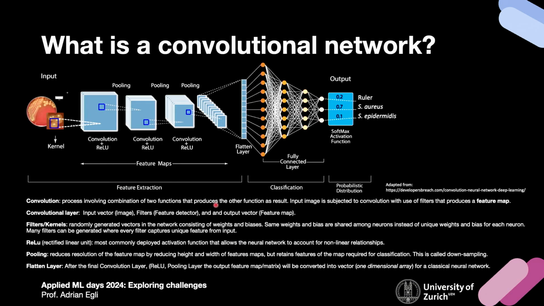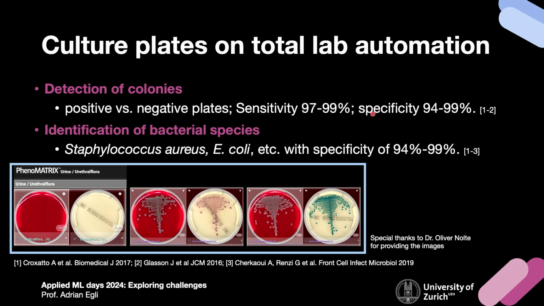Now, this you can obviously also do with a convolutional neural network, where you have here the convolution period where certain features are extracted, and then they are allocated in the neural network according to probabilities to a certain species. Now, also this technology is nowadays used in the laboratory routine.